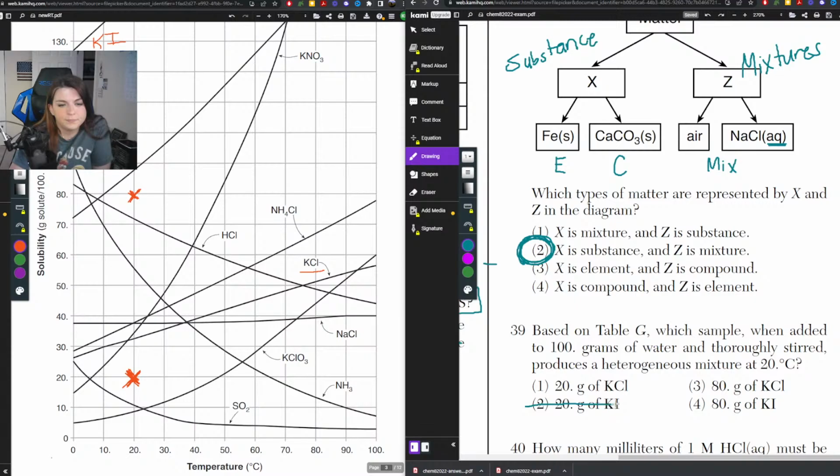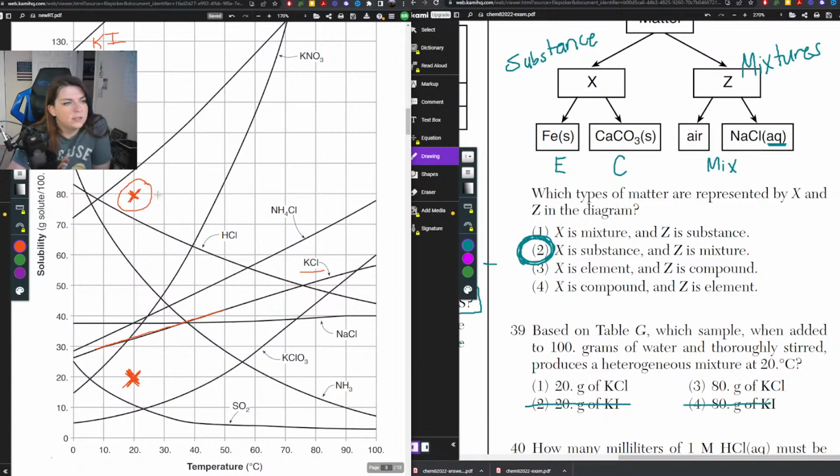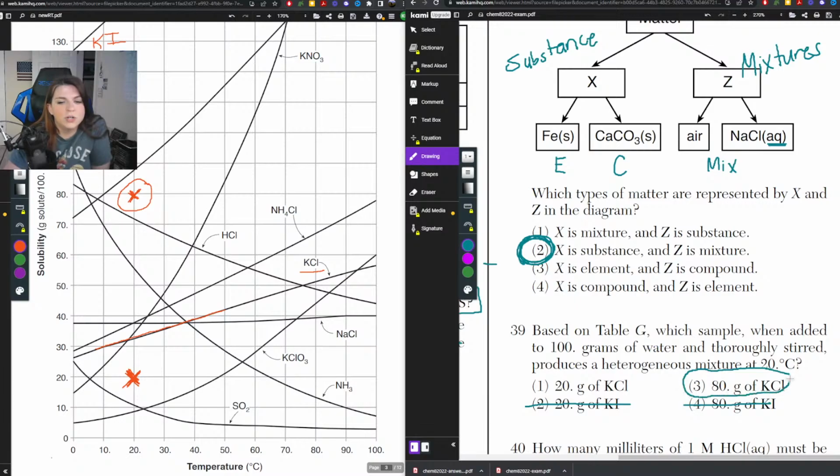KI is unsaturated in both of those situations. And then KCl is going to be saturated at this data point here, because the line for KCl, I'm just going to sketch over a portion here. It's that line there. So this data point that I have circled is above the KCl line at 20 degrees Celsius right there. So that one would be heterogeneous because the solution is saturated. So there's stuff starting to accumulate at the bottom of that beaker.